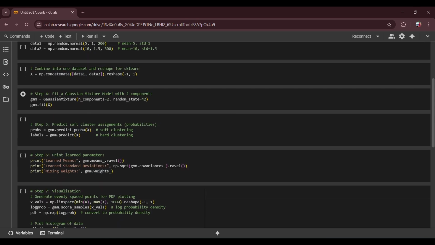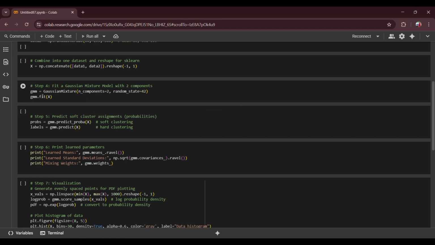Then in step 4, fitting the Gaussian mixture model. I created a Gaussian mixture model object, GMM, and told it to find two components, because we know we have two groups in our data, data 1 and data 2. Then fit on X trains the model. It estimates the means, standard deviations and mixing weights for each Gaussian distribution.